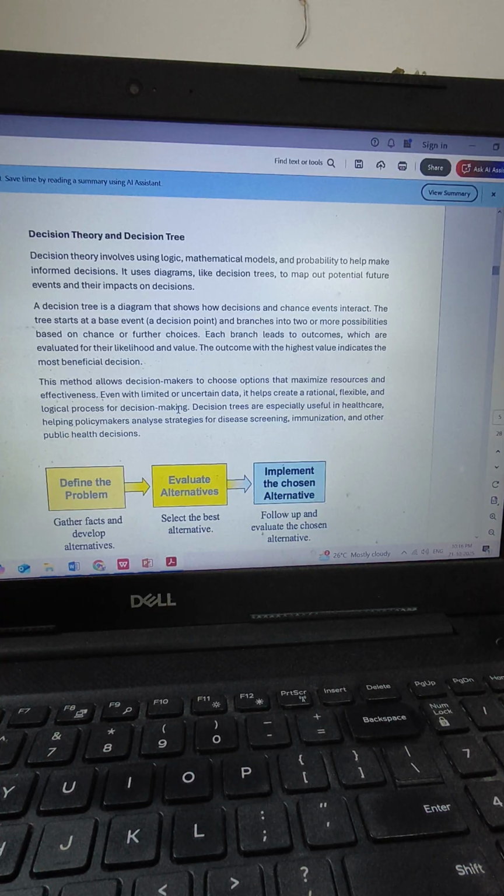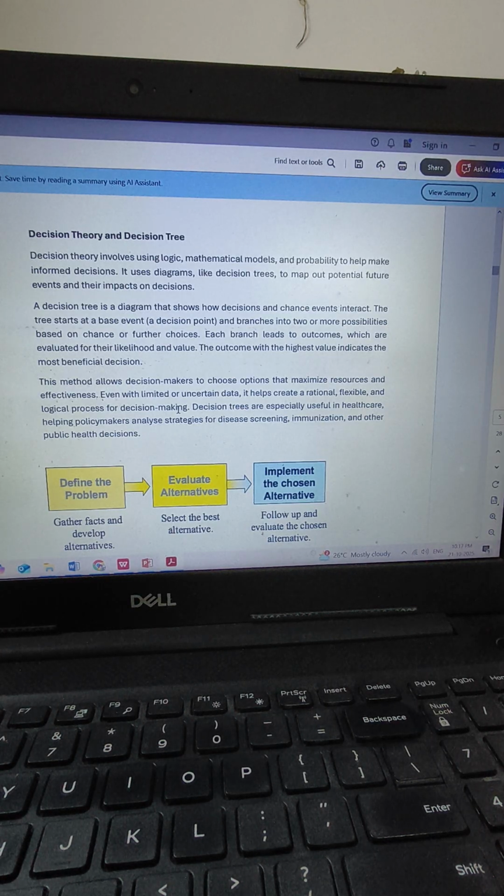Next, moving on. Decision theory and decision tree. Again, it's not much complicated. What it says is that if you take a decision, for example, I take a decision to screen my area. I take a decision to screen Karnataka for the number of heart diseases or the number of people who are living with hypertension, right? So this is my decision, and then I will make a tree.